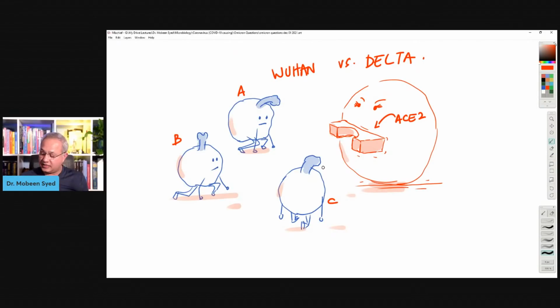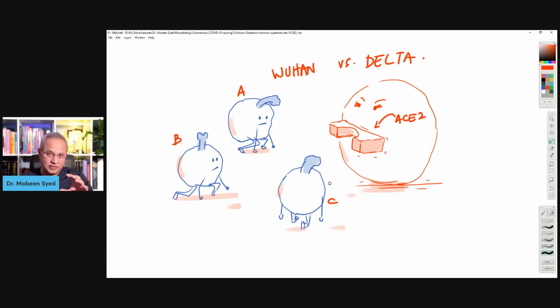However, Delta was not better than Beta or Lambda or some other variants in attachment force. Its affinity was actually lesser than Beta. Then how did Beta not win over Delta? Because it's not just the affinity, but also the escape from the immune system or the antibodies.